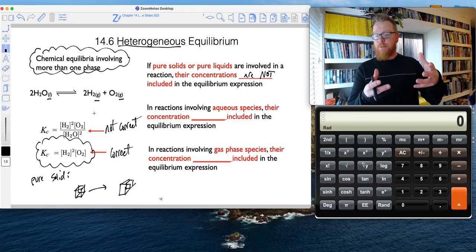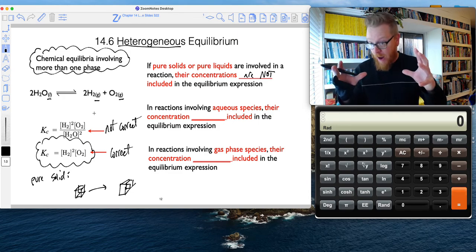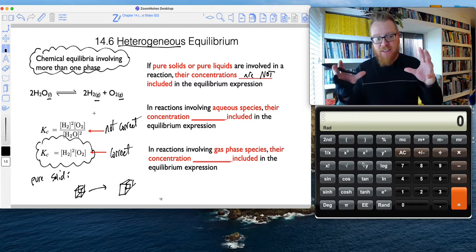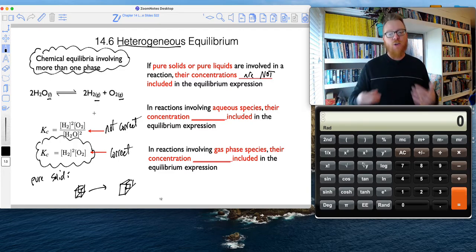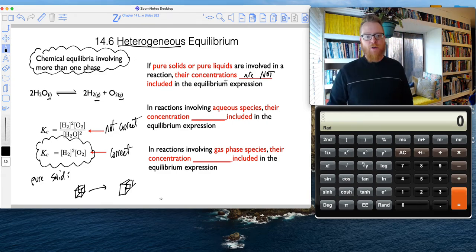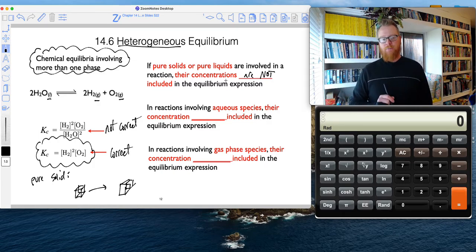If you've got gas confined to a fixed volume and you start reacting some of it away, the volume stays fixed while the mass decreases or increases, so you can change the concentration of a gas. Once again, pure solids or pure liquids are not included in the equilibrium expression.